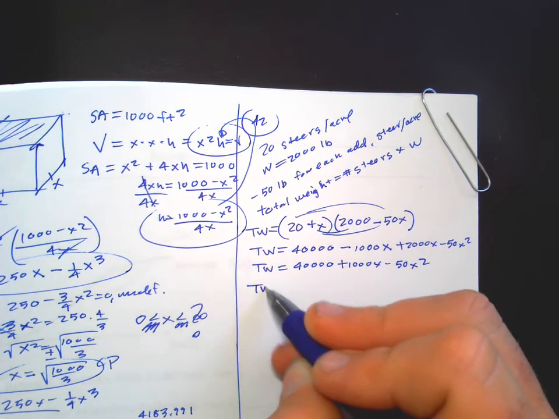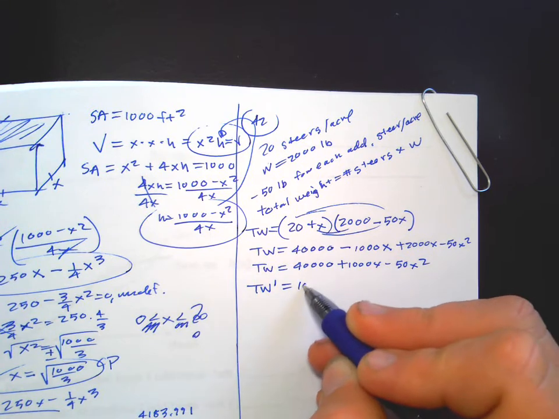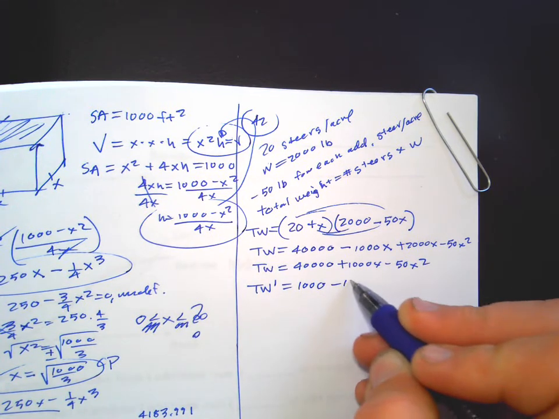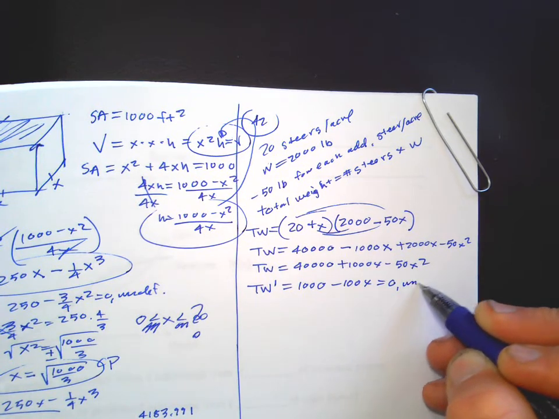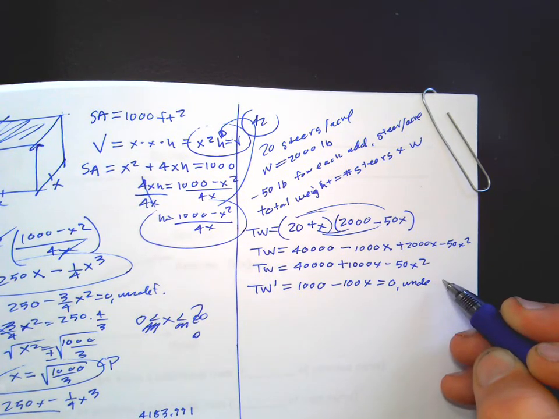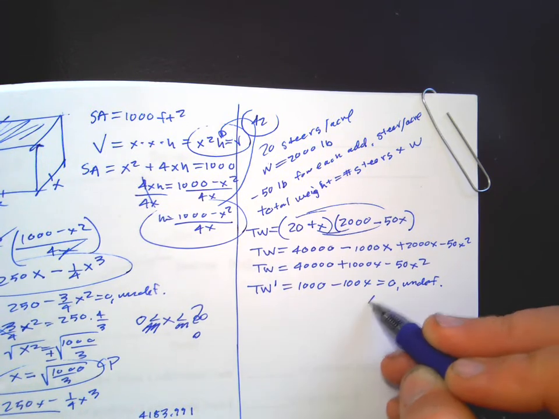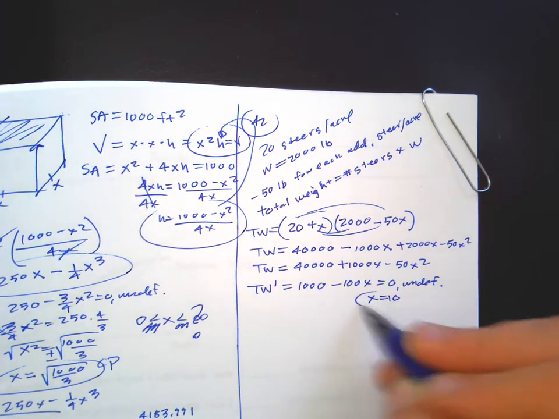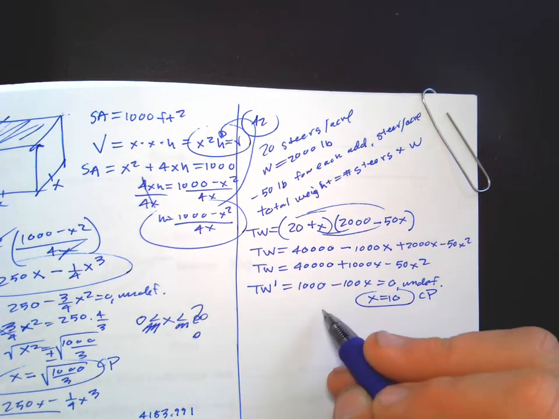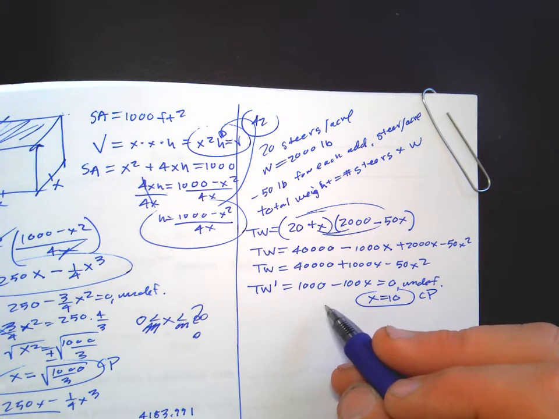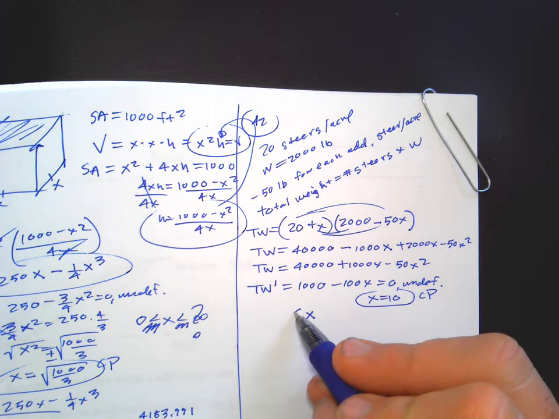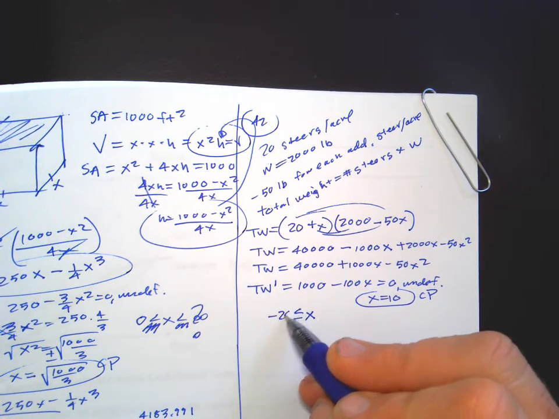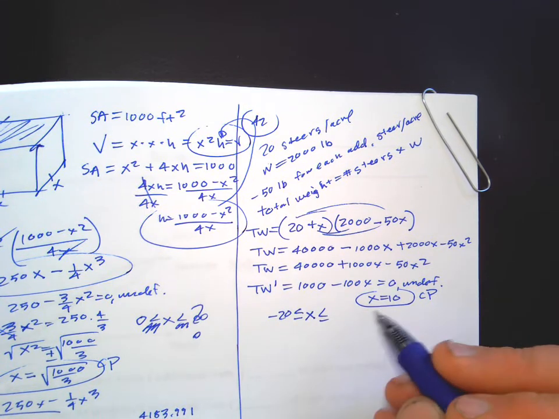So total weight prime is going to be 1,000 minus 100x. We're going to set it equal to 0, and we're going to get x equals 10. That's your critical point. Now the endpoints. Well, x is the number of steers we're adding, so we could take away 20, possibly, right?